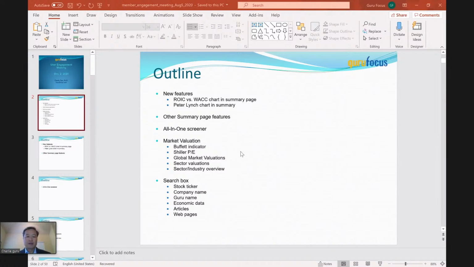Then I will introduce some related features on the summary page. Then I will go through the all-in-one screener again. And also, I will talk about the market valuation page, the pages that are related to market valuation. And then I'll go through the search boxes.